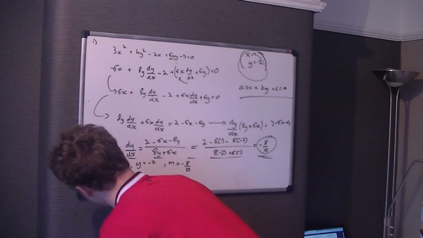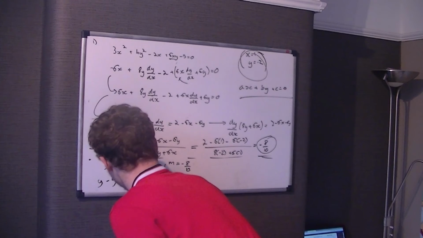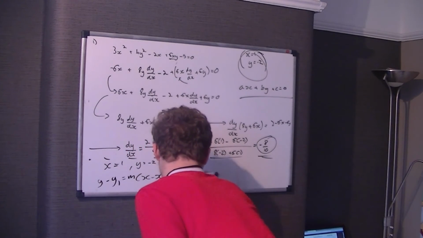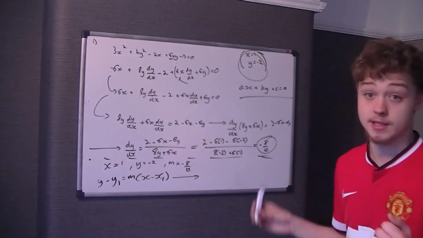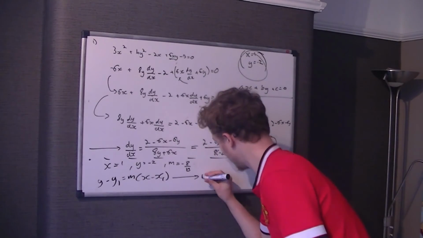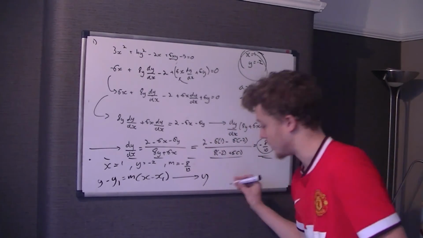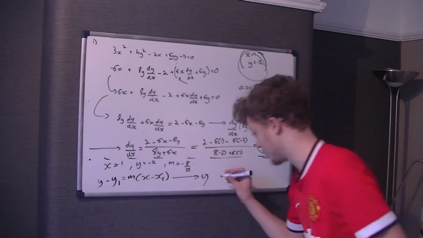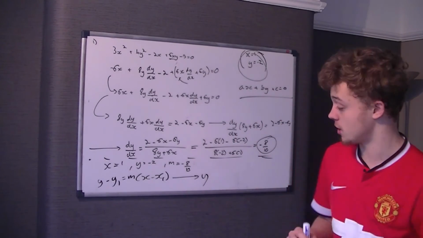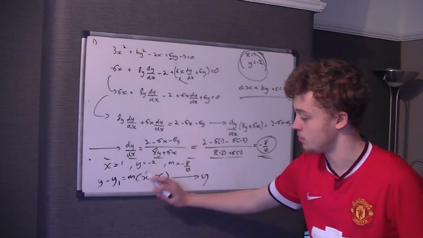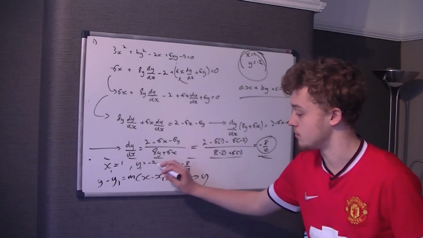So, it's a straight line, so y take y1 equals m brackets x take x1, because it's got a constant gradient, but I don't need to tell you that because you already knew that. Y take y1, so it's y take minus 2, which is just y plus 2, because you're taking away a negative 2, since y1 is minus 2.